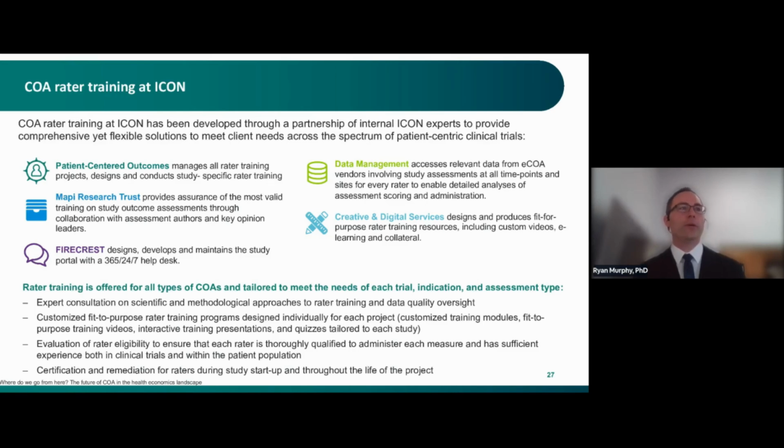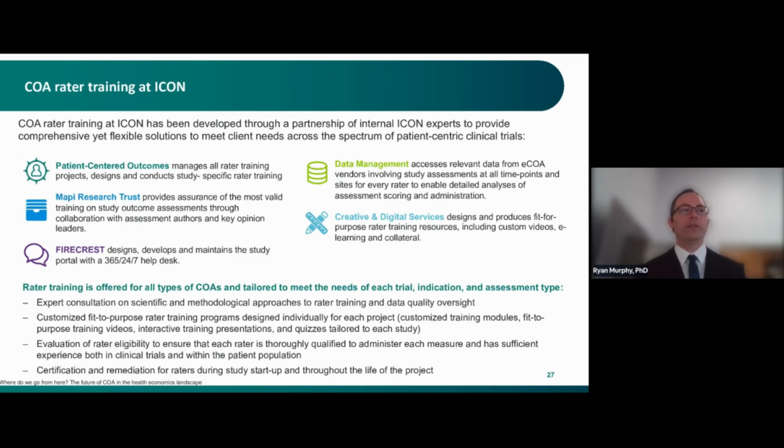And also the evaluation of rater eligibility to ensure that the raters that are providing these COAs are actually qualified to do so, both for that measure and that they have sufficient experience with the clinical population in question so that they can adequately administer the questionnaire and we can be assured of the quality of the data coming in.